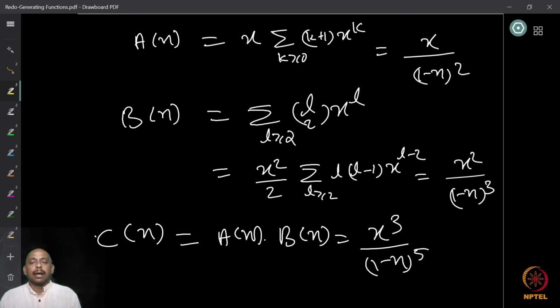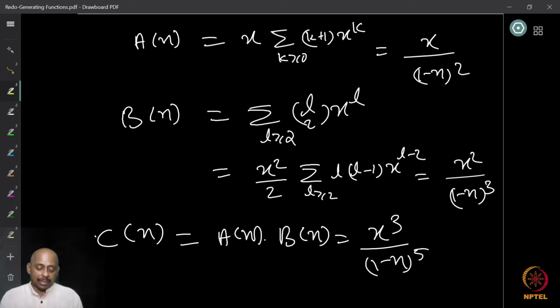And now, L into L minus 1 by 2, I can take the 2 outside. So I will get x square by 2. So I can write this L choose 2 as, taking x square outside, x square by 2 into summation L greater than or equal to 2, L into L minus 1 into x raised to L minus 2.